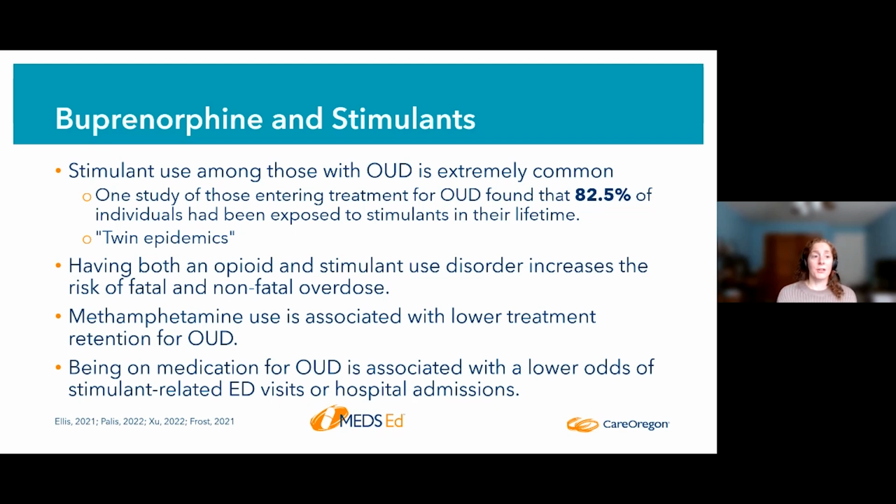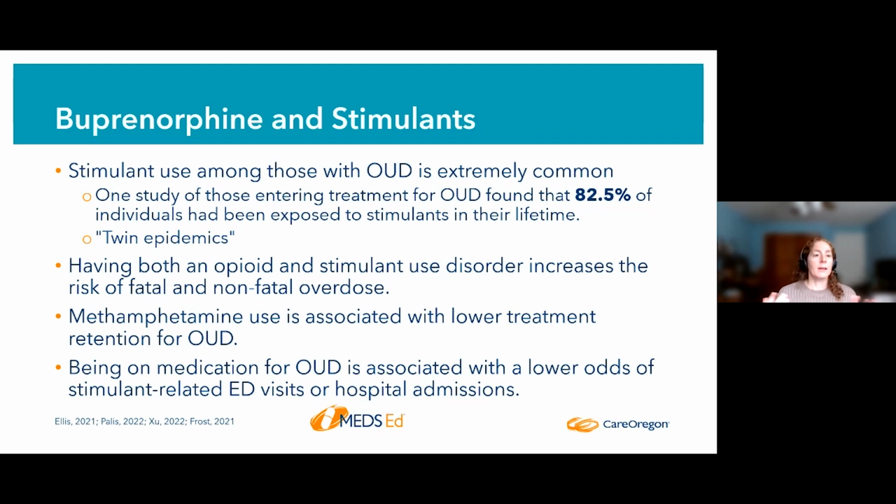One study showed that for those entering treatment with opioid use disorder, over 82% had used stimulants at some point in their lifetime. And really the rates of stimulant use in those who are using fentanyl has skyrocketed to the point where we now call it a twin epidemic between fentanyl and methamphetamine. It's really common that they're sold together. Sometimes the powders are even combined into one product. I really think about fentanyl and methamphetamine as going very closely together.